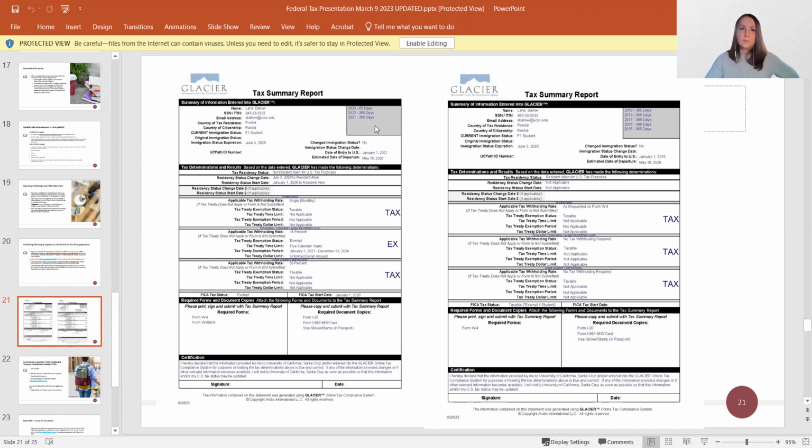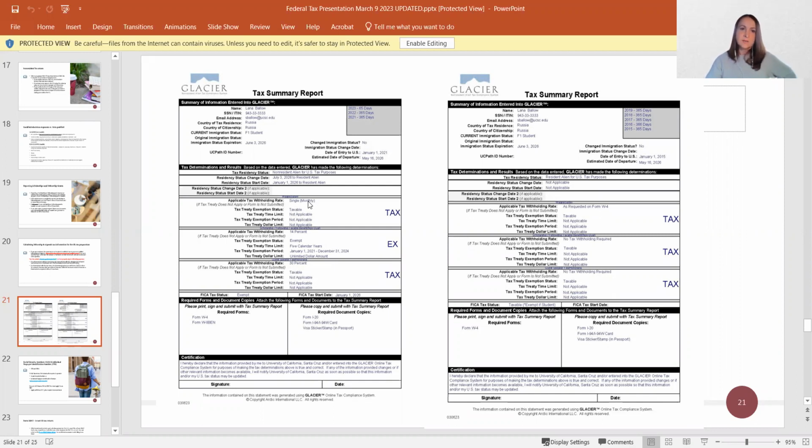In this case, she arrived in 2021, and she didn't meet the residency status because she's on an F1 visa and is taxed as a non-resident. As a non-resident, she's taxed on her wages at the rate of single. Non-residents cannot choose different rates, and they cannot claim dependents.